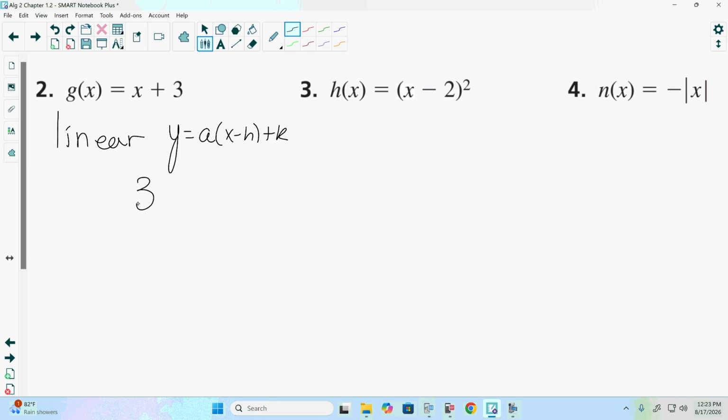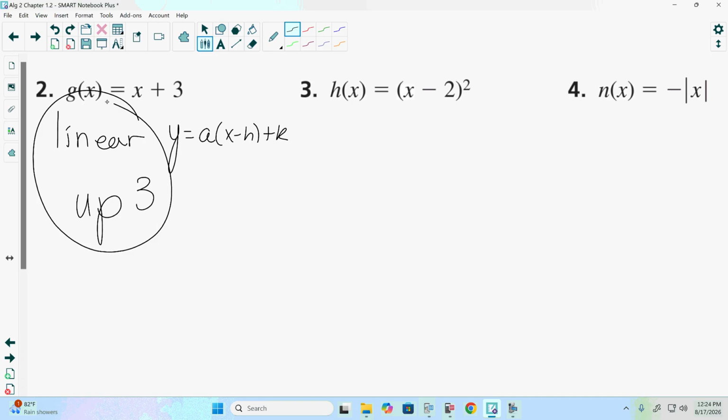K moves in what direction? Up or down? K is nice. Vertical translations are nice. It's going to be exactly what we think it is. Since it's plus 3, we're going up 3. So we say up 3. If it's linear, up 3. Questions on that there? We ready for the next one?